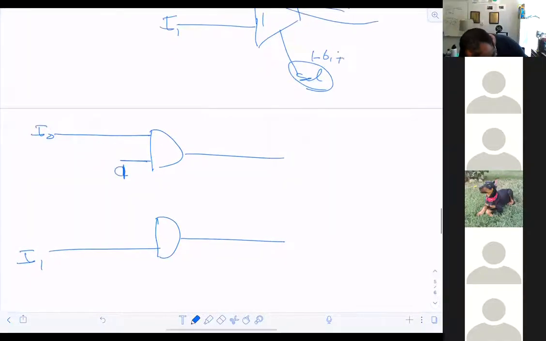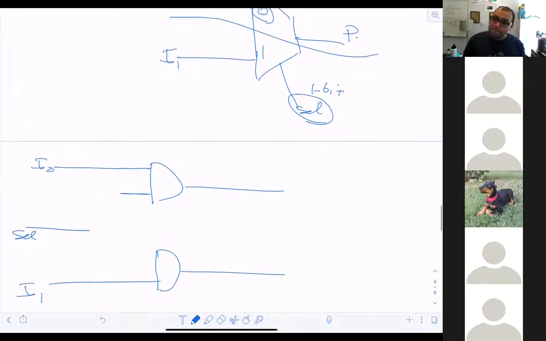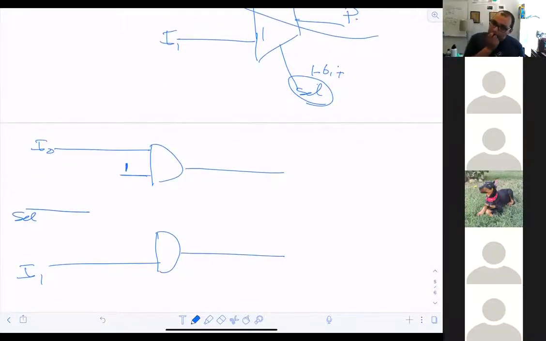But if there is 0 here, what will happen? 0. Exactly. So now let's see what exactly I'm doing here. I have a third wire, called select. So this is also an input here, select, right? We said when select is equal to 0, I0 is P. Do you agree? Yes. So I need 1 here. But select here is holding 0. So what should I do? A NOT gate. I have to put it here.